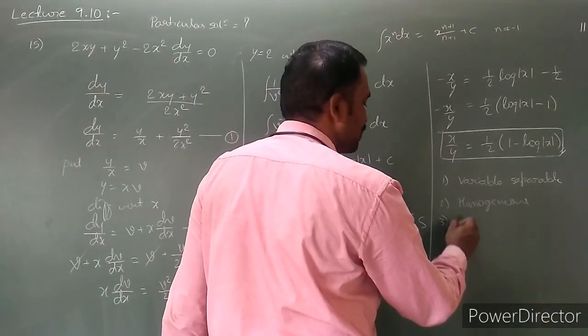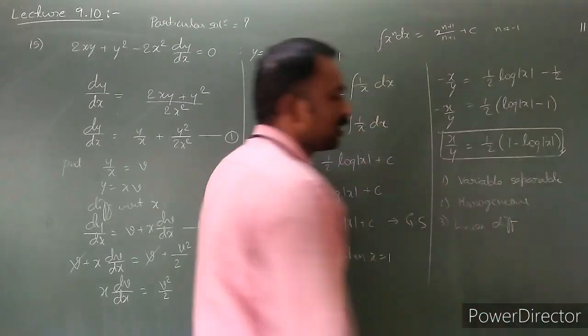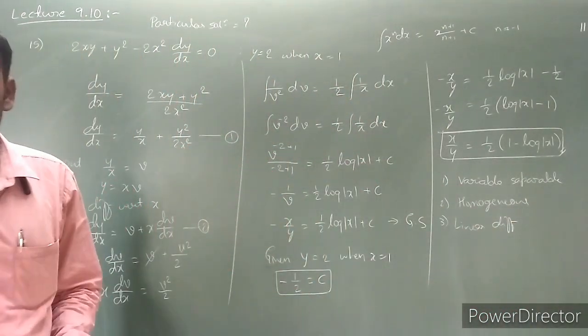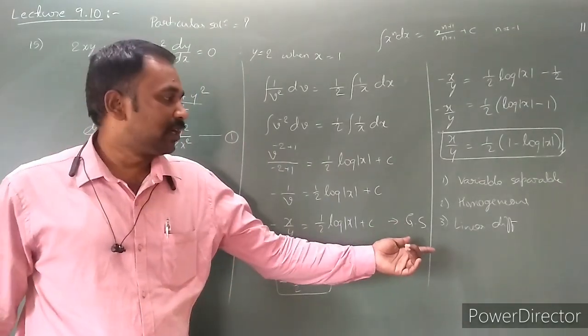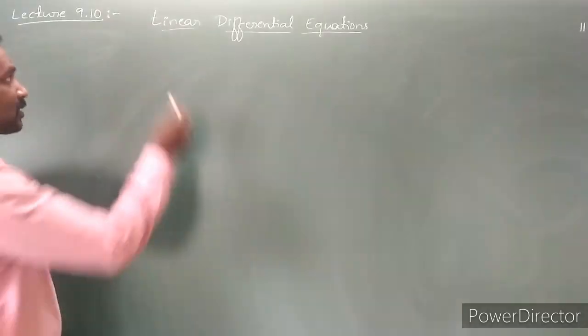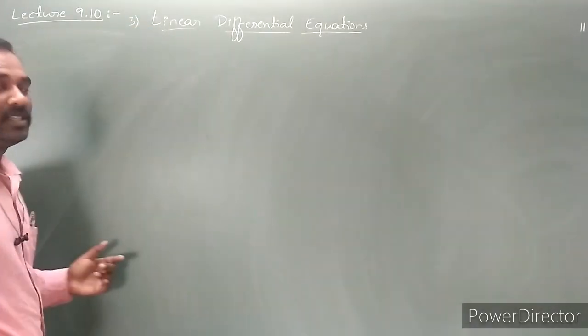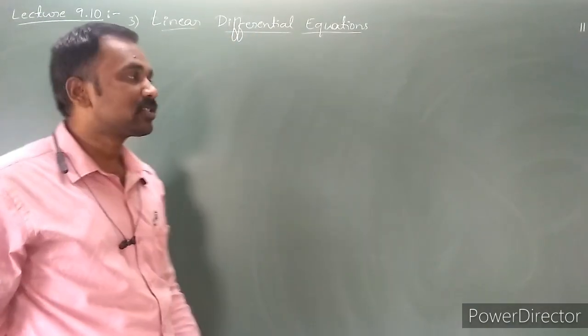Now the third one is the linear differential equation method. Let's begin with the form of the linear differential equation. The third method to solve first order differential equations is the linear differential equation.